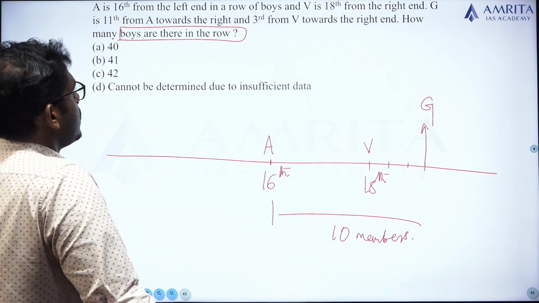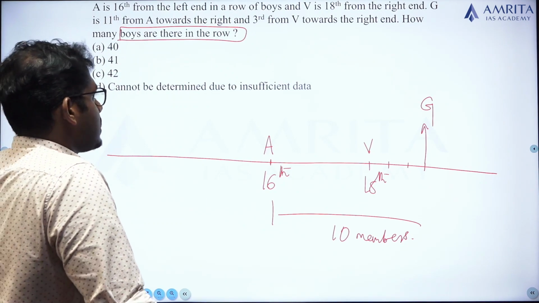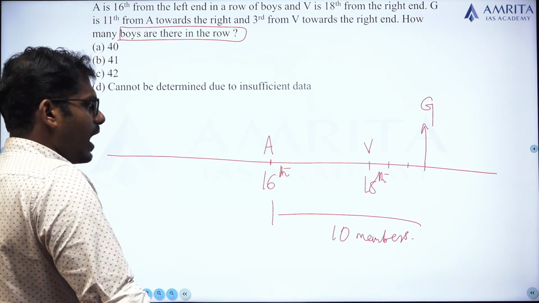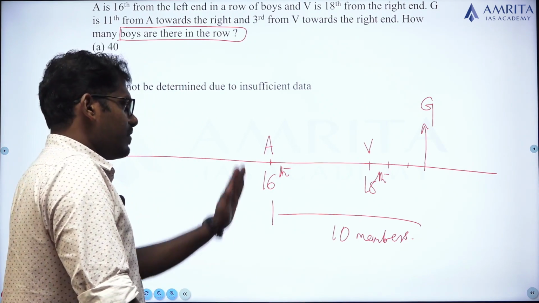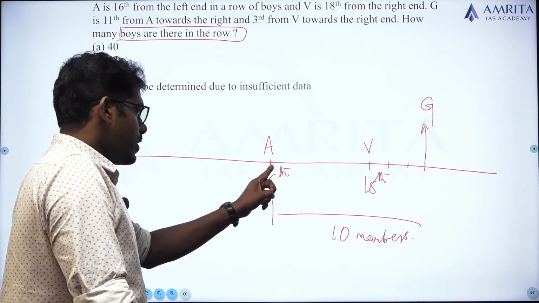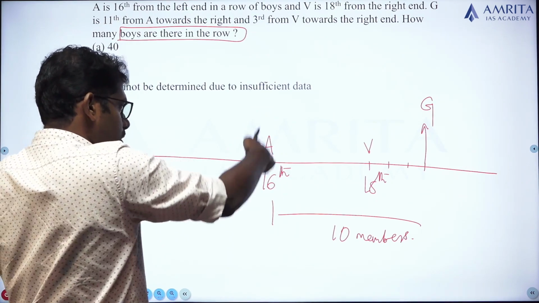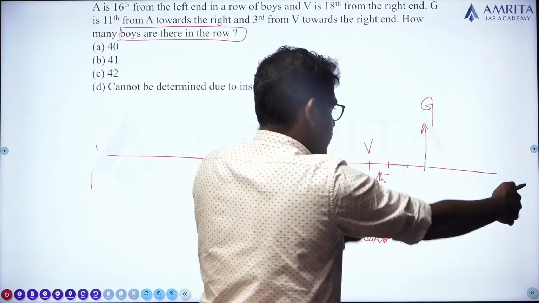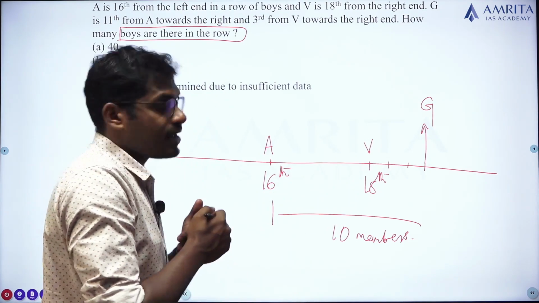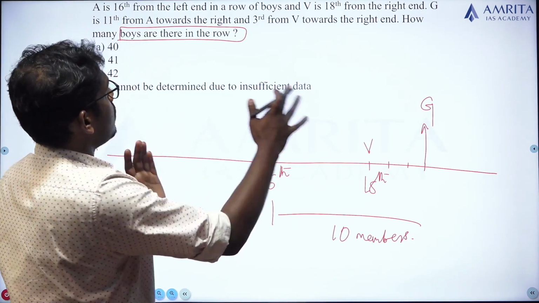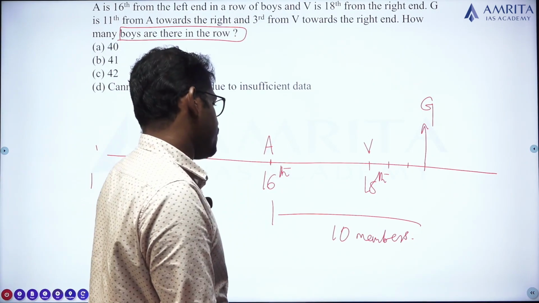Clear? Okay. So the question is how many boys are there in the row. We have to find the number of boys in between A and V. We know that including A there are 16 members here, and including V there are 18 members here.